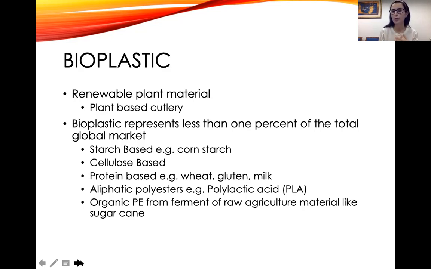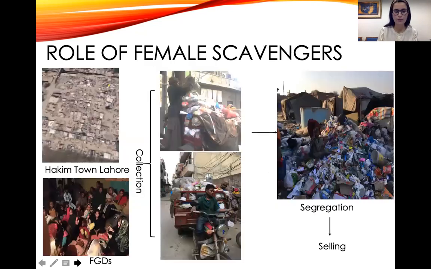So a lot of pro synthetic plastic people would lobby against bioplastic because they think it takes an equal amount of time for it to degrade, because if it's not given that certain environment that it needs to degrade, it would still take some time, not as much as the synthetic plastic, but more time than other things.